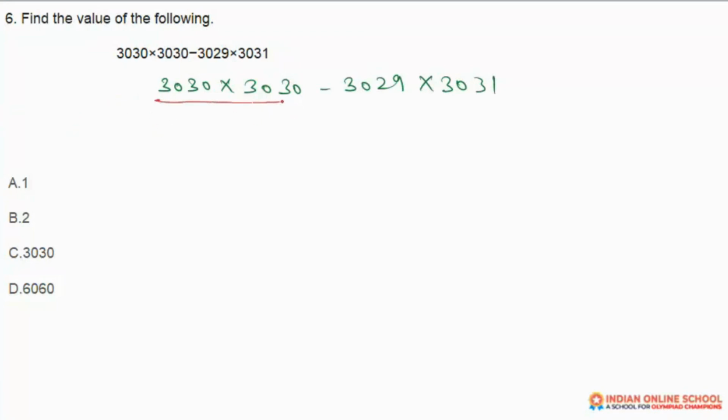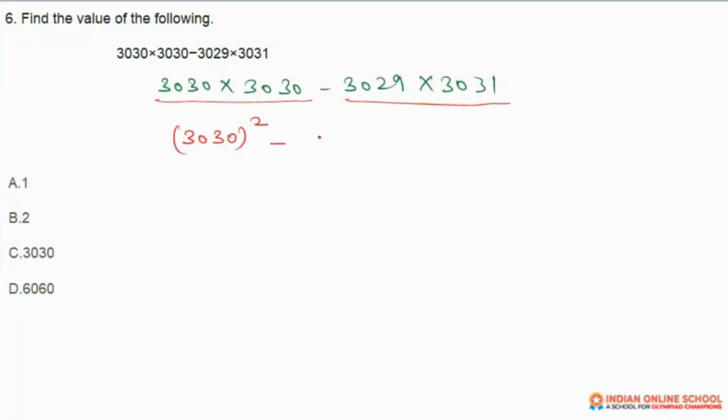So we can see that 3030 is multiplied by 3030 itself, so it becomes 3030 square. Correct? And these other things are different from 3030, but we can write them in the form of 3030. How?